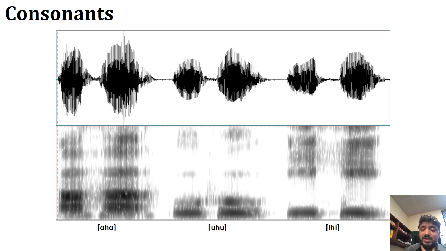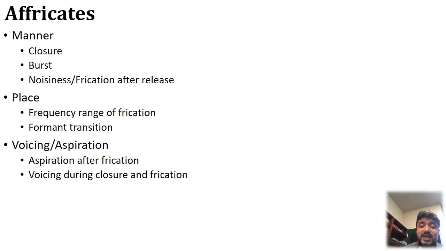Aha, uhu, ihi. And for the affricates, there are also many indicators. There is a closure, there is a burst, there is noisy frication. Because for the affricates, it's basically half of it is a stop and half of it is a fricative. So you'll see the behavior of both the frication and the stop in it. If you remember, the cha was ta sha, ta was the stop, and sha was a strident.